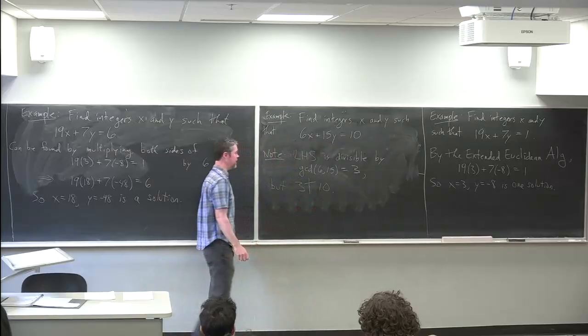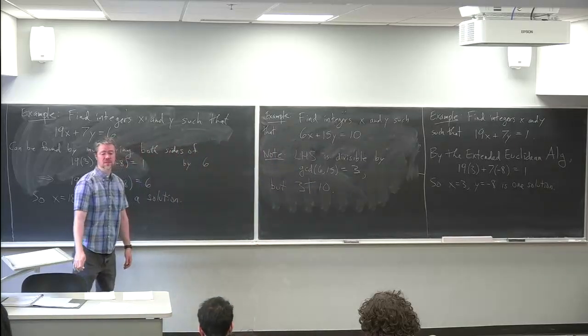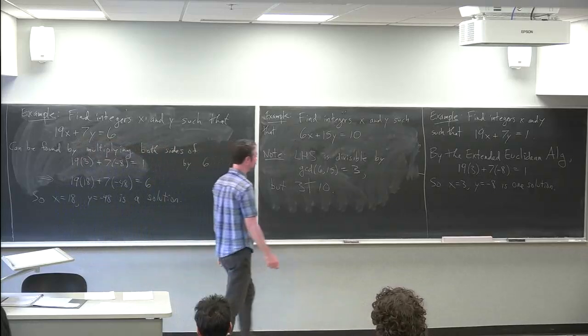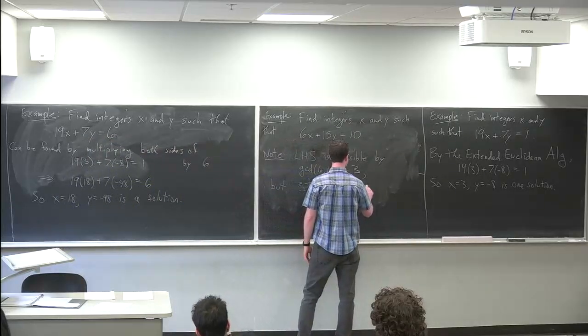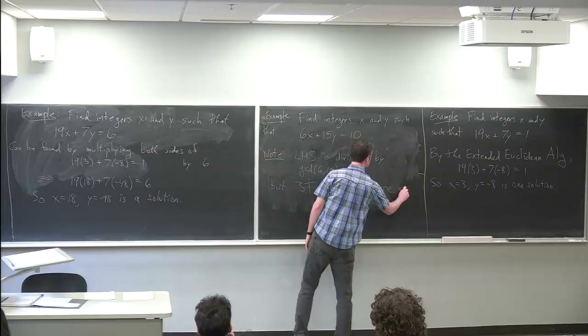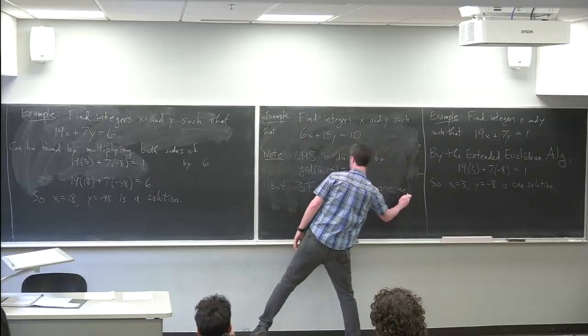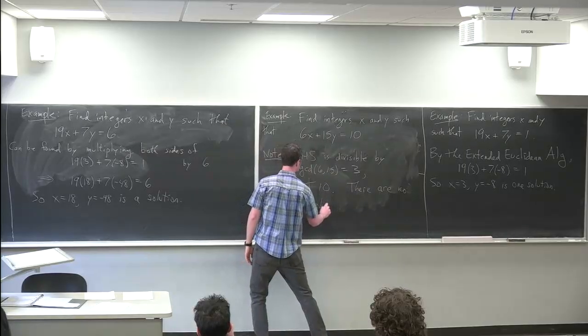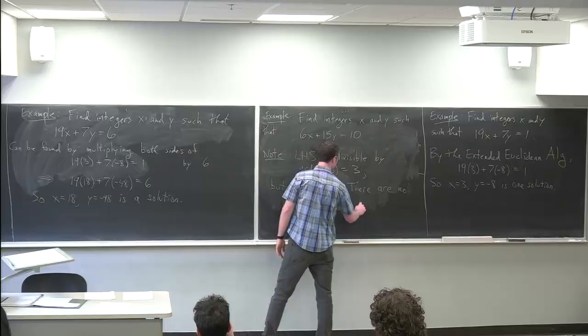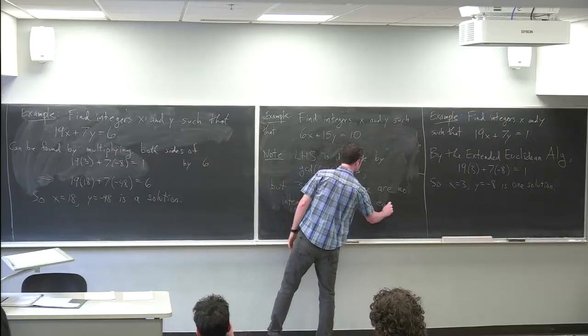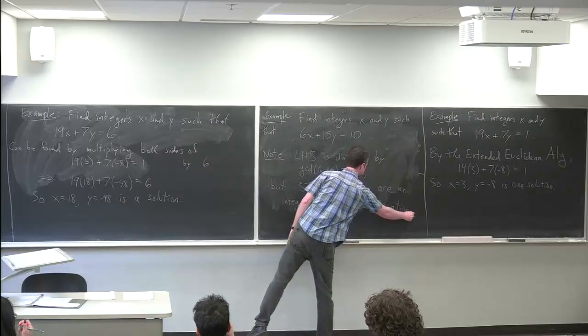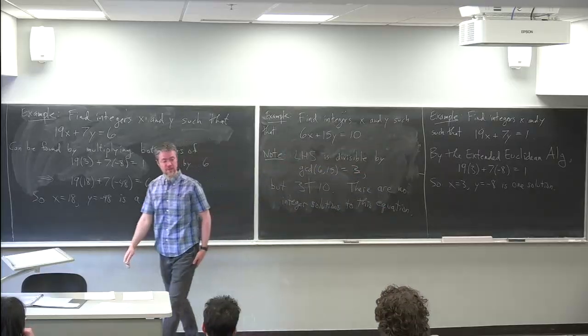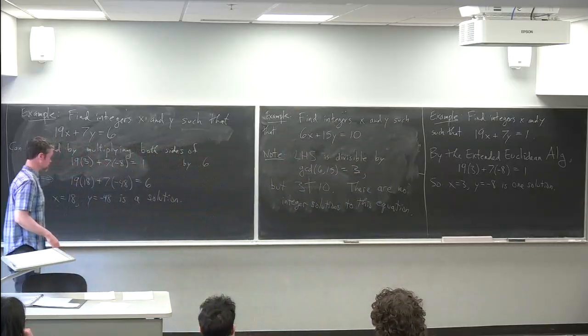So that means you have a massive problem, and this is never going to work. So there are no integers, so there are no integer solutions to this equation. Okay, so this is something to watch out for.